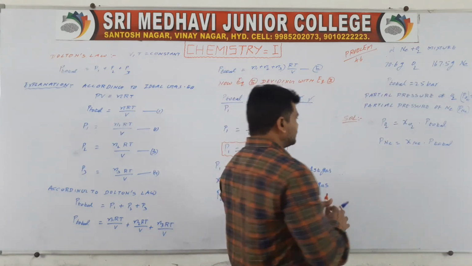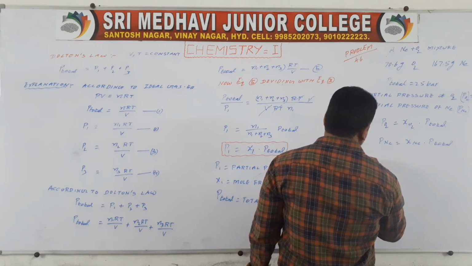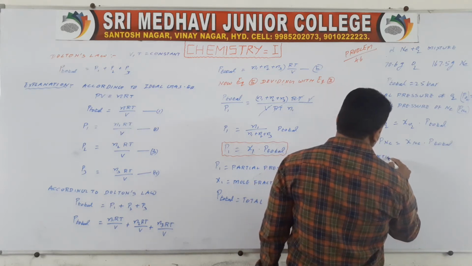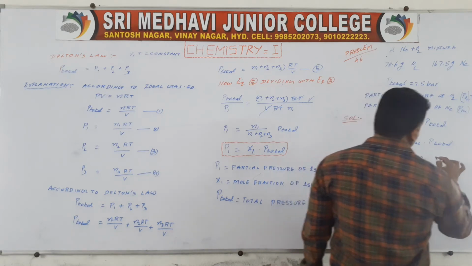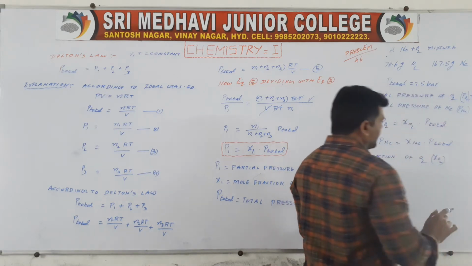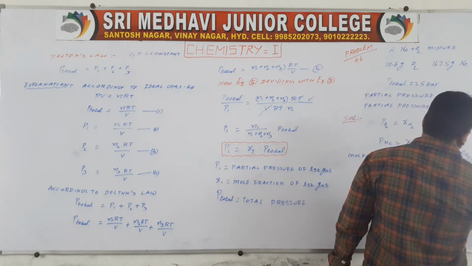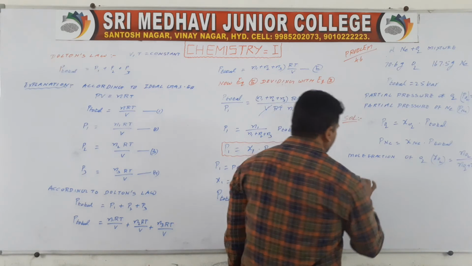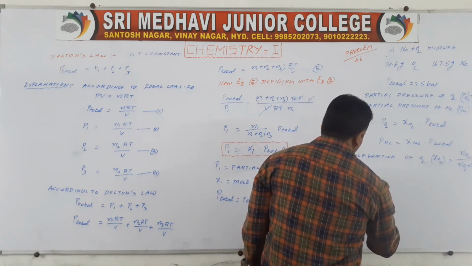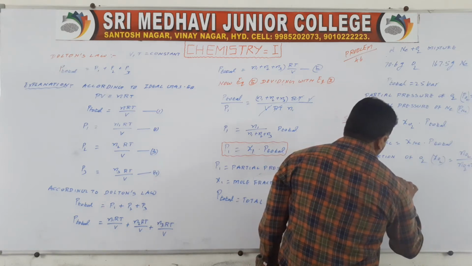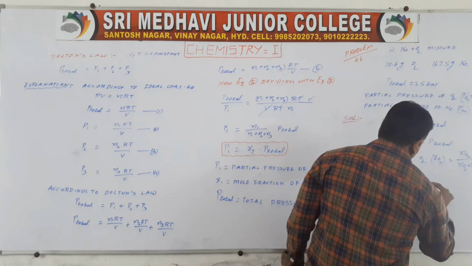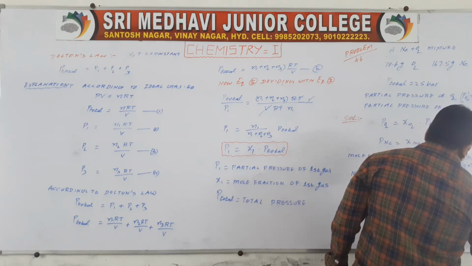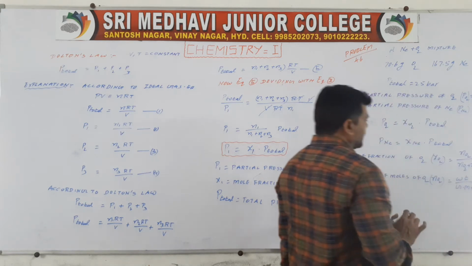The mole fraction of O2, XO2, equals NO2 by (NO2 plus NNe). This is the formula. Next, the number of moles of O2, NO2, is equal to weight by gram molecular weight.